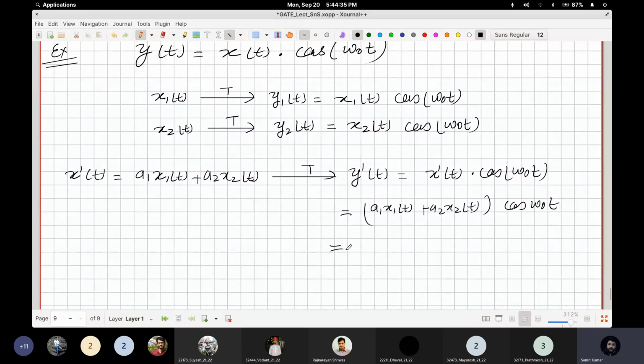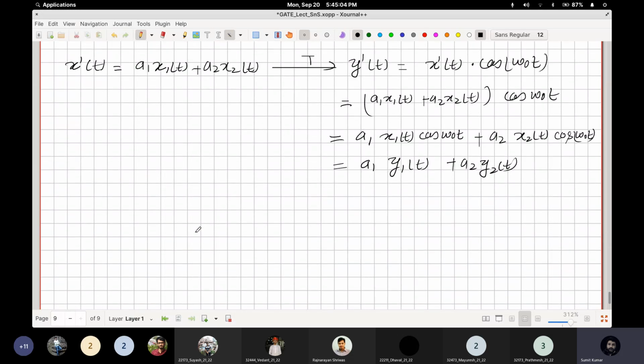Now if you multiply this, you will get a1 times x1 t cos omega naught t plus a2 times x2 t cos omega naught t. So you can see that this is clearly equal to a1 y1 t plus a2 y2 t. So this system is linear. क्या है system? Linear है.